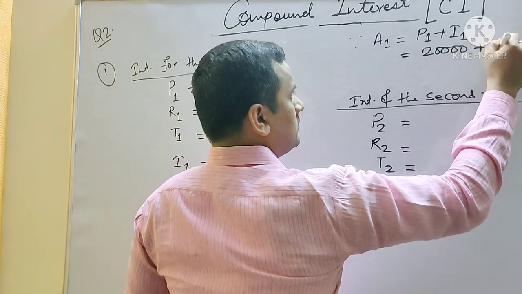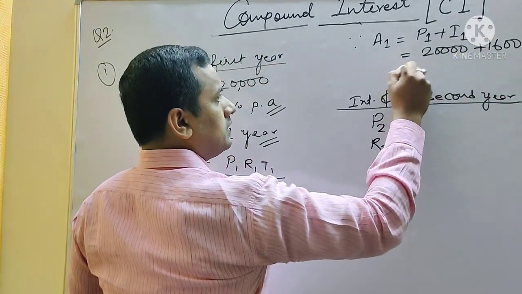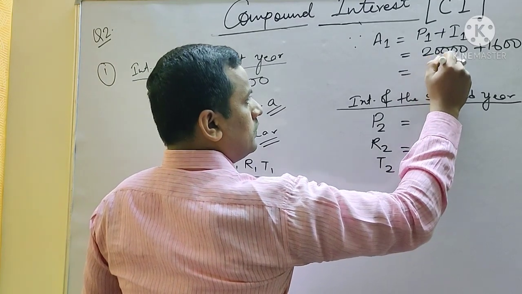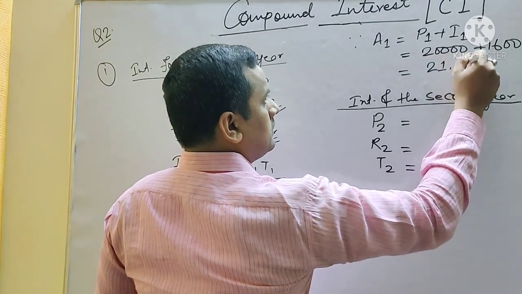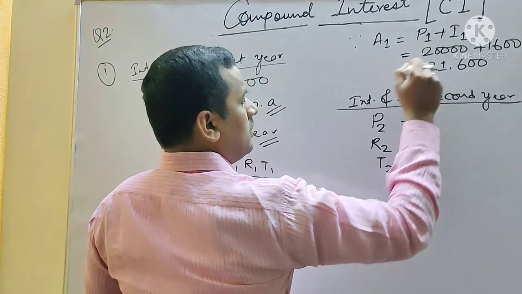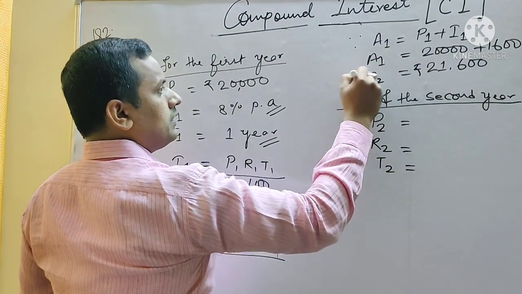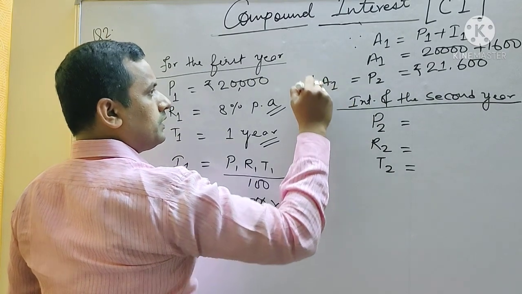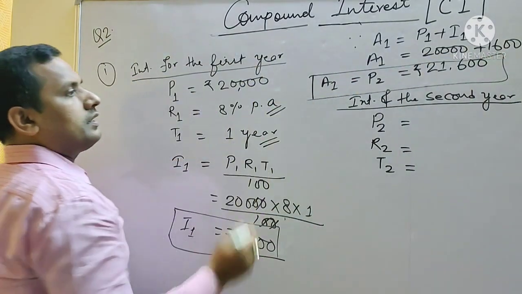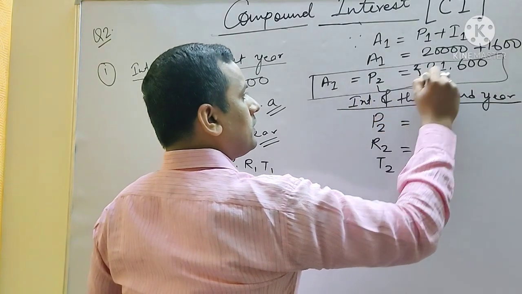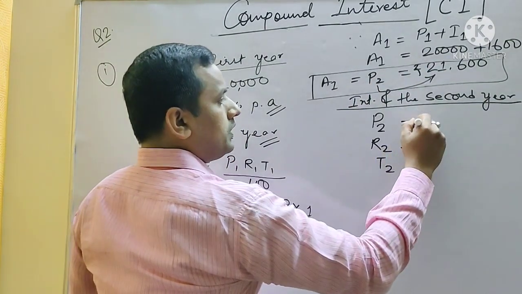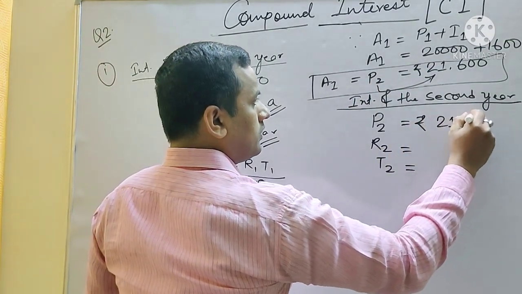Therefore, we will get 20,000 plus 1600, that is 21,600 rupees will be our amount, and this amount will also be the principal of the second year. So we get the principal of the second year equal to rupees 21,600.